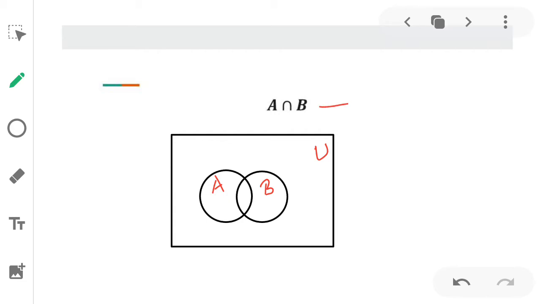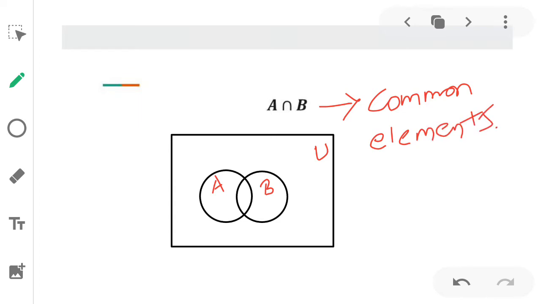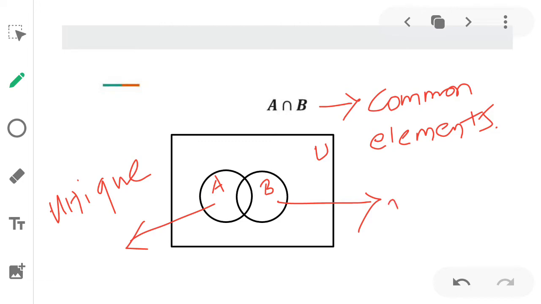A intersection B means only the common elements between A and B. For your convenience, I will write again what each area represents. This represents the unique elements of A. This represents the unique elements of B, and this portion represents the common elements of A and B, that is, A intersection B.